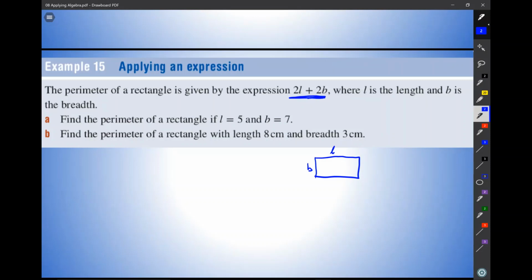And that makes sense to us because if we wanted to find the perimeter of this rectangle, we would need to go L plus B plus L plus B. We would need to add up the length of all sides. And we're given what L and B equal, and we're asked to calculate the perimeter.